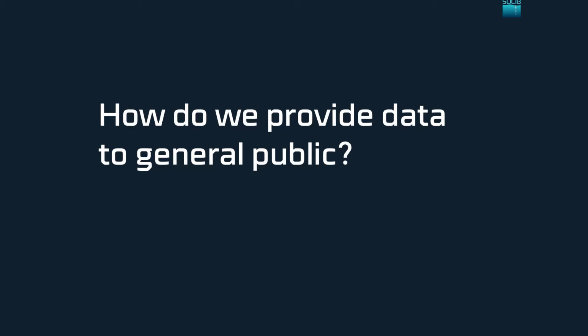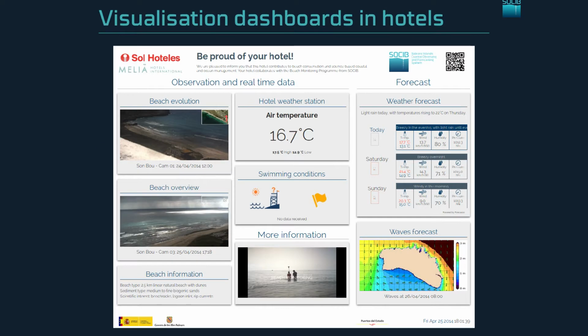But, of course, I cannot spend my life on Twitter tweeting data. It's not the only way we do it. We have developed a visualization dashboard, which is installed in some hotels in the Balearic Islands. These hotels have a screen, maybe smaller than this one, where we put information of interest for the users of the hotel.